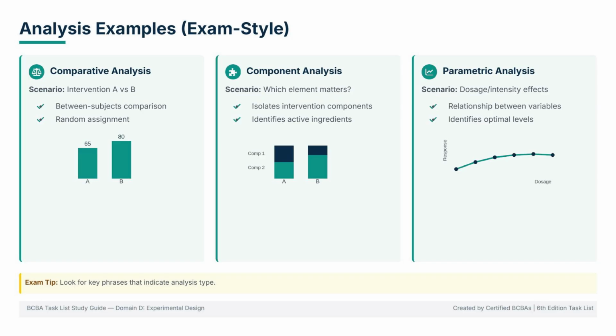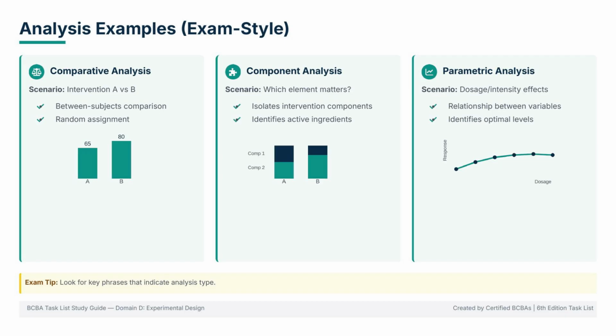Let's look at some exam-style scenarios for each type of analysis. First, comparative analysis. Scenario: you're comparing intervention A with intervention B. The goal is to determine which intervention is more effective for reducing a specific behavior. This is a typical between-subjects comparison, where random assignment may be used. Second, component analysis. Scenario: you're studying the effects of a behavioral intervention with several components, such as reinforcement, punishment, and instruction.